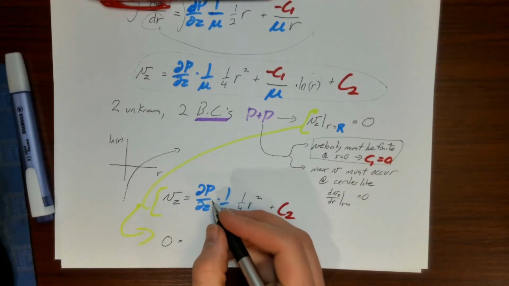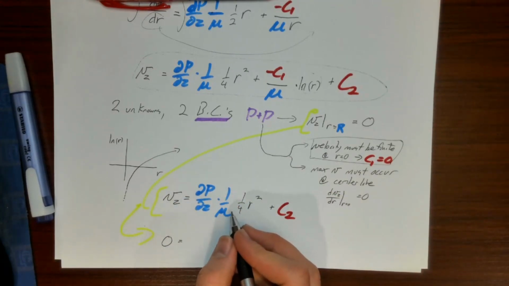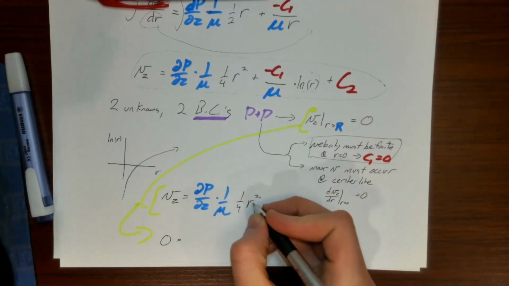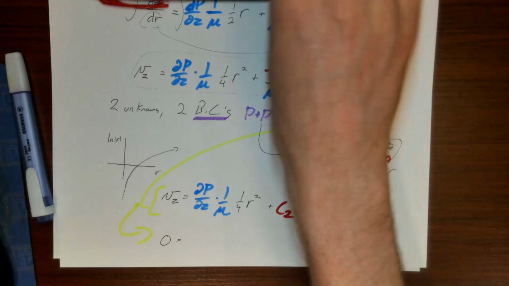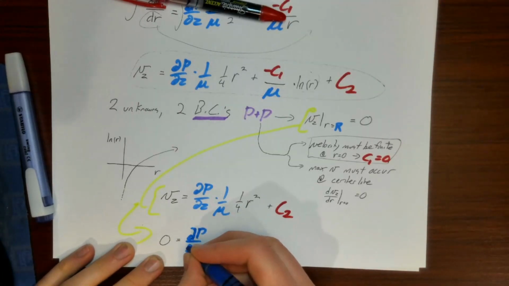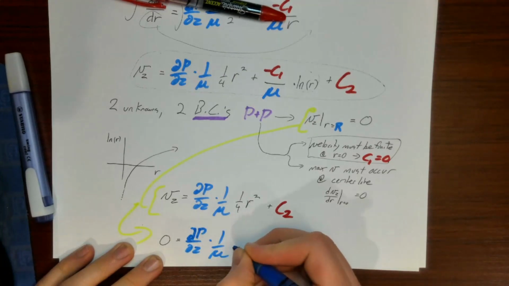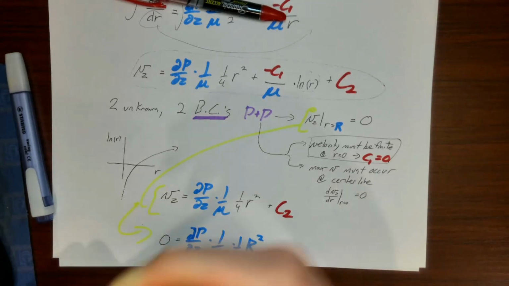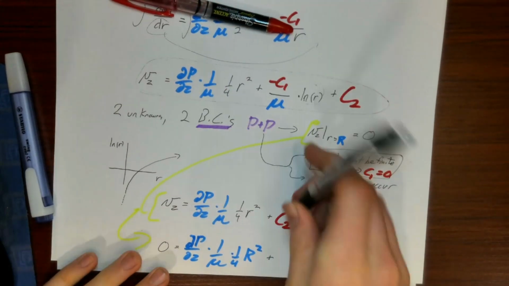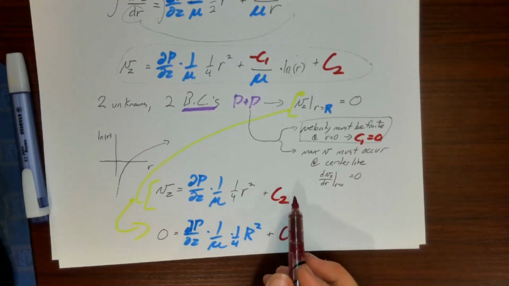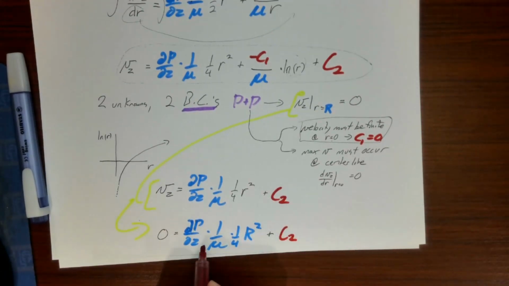So we can plug in a big R for little r right here: 0 equals dp/dz times 1 over mu times 1/4 big R squared plus c2. Well, what does that mean? That basically means c2 needs to be equal to negative this.